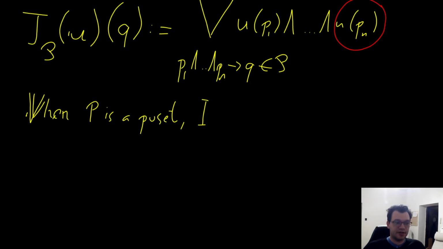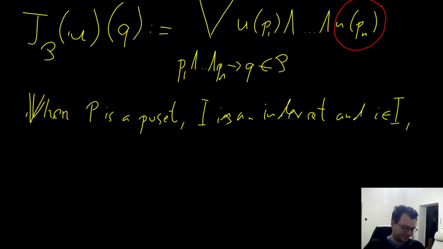So in the case of logic programs, Z is the index set I, and I just pick one particular index i.